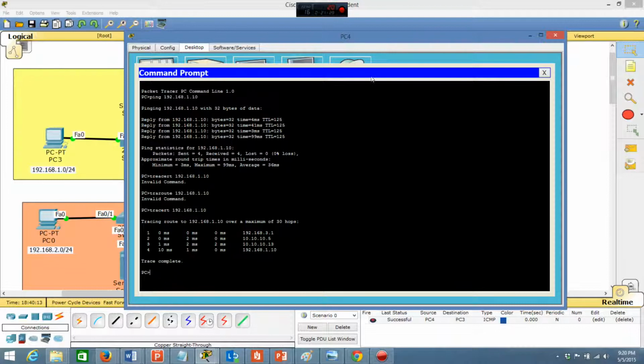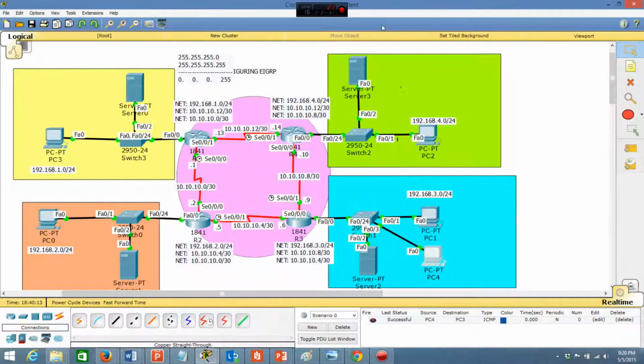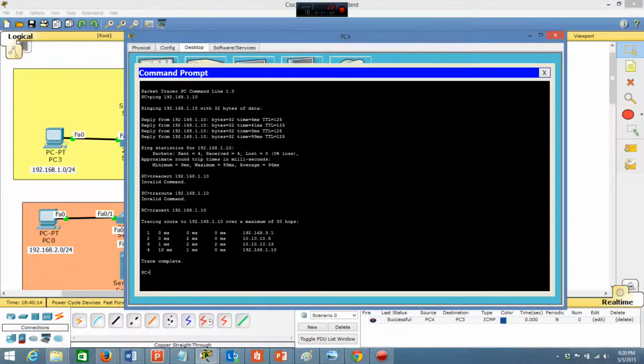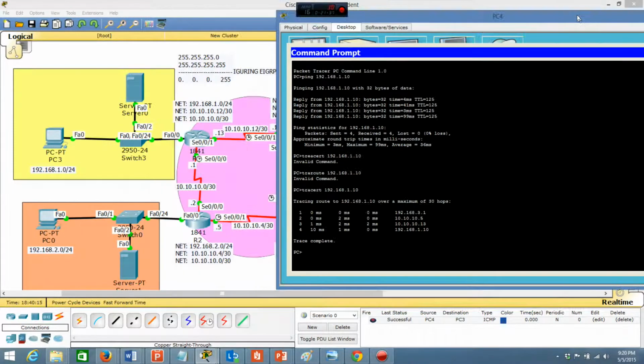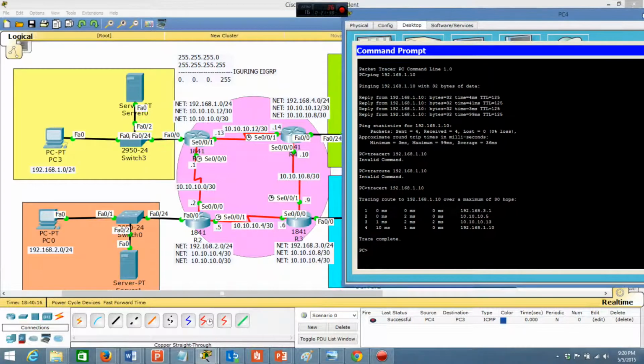So to fully explain this, let's put this aside. 192.168.3.1, this is our gateway right here. So that's the interface. Next we move to 10.10.10.5.